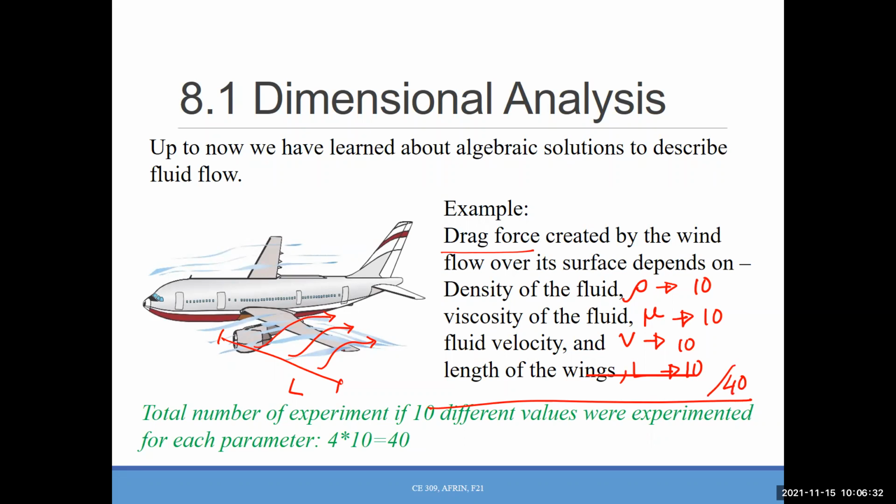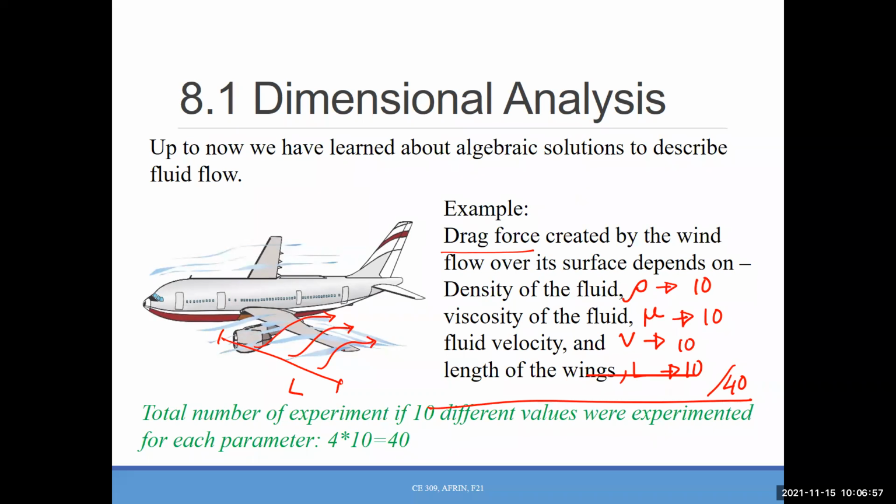Now, if you do the permutation and combination with 4 variables and you are changing 10 times, there can be 10,000s of experiments, right? And you can imagine for this type of testing, you need the facility, the manpower, the time, and everything costs money, right?